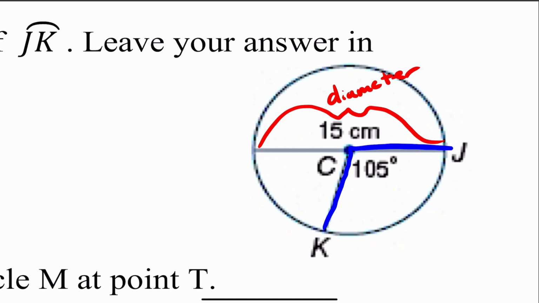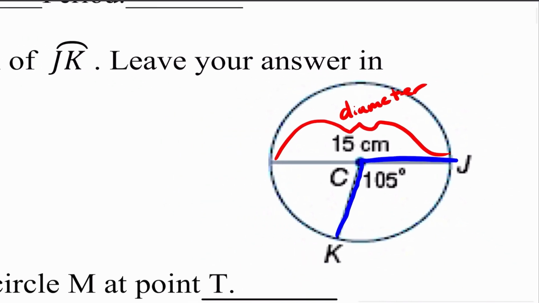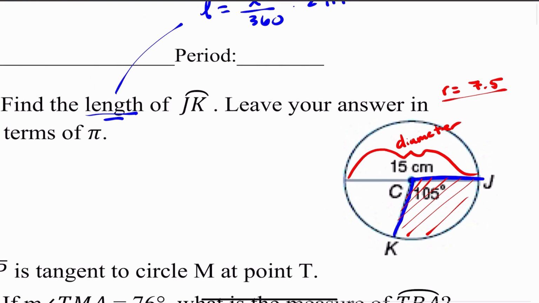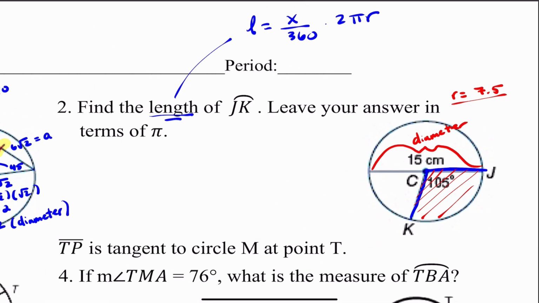So I'm going to take 15 and divide that by 2. And your radius is going to be 7.5. Okay, so I have the central angle and I have the radius. Let's go ahead and plug those in.